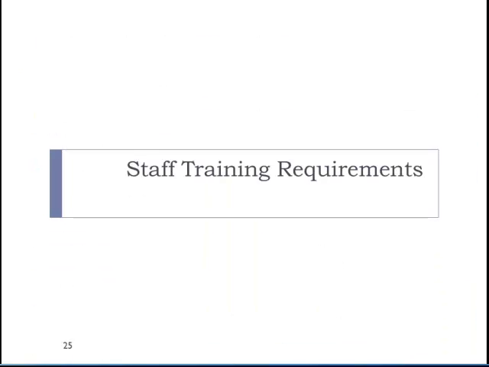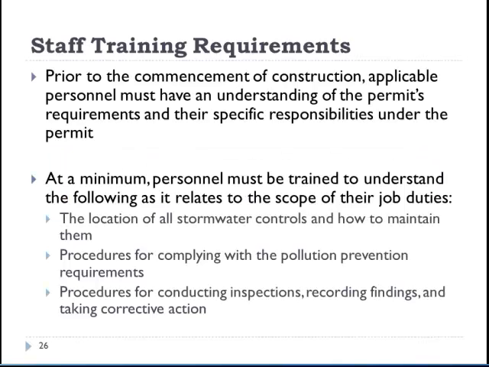Okay, so you've now gone through the NOI process. You've gotten coverage. The last thing to go over is that prior to actually commencing construction, there are requirements in the permit that any personnel on your site that will be at all involved in complying with the permit will need to have a somewhat basic understanding of the permit's requirements and their specific responsibilities.